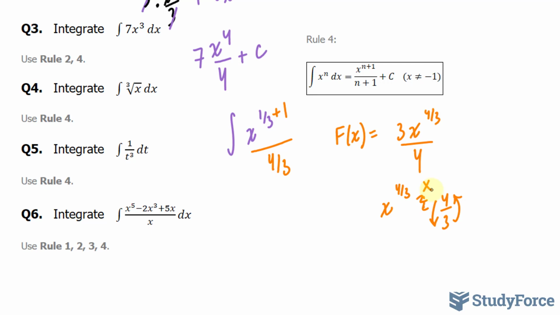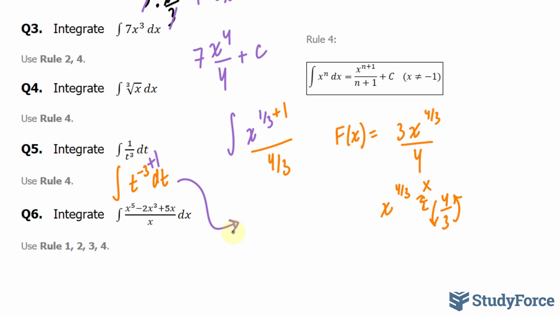In question 5, they want us to integrate 1 over x to the power of 3. Once again, we'll use rule 4, and instead of having t to the power of 3 at the bottom, I can write down this function as the integral of t to the power of negative 3 dt. Rule 4 tells me that I can add 1 to this negative 3, which becomes negative 2, and divide the whole function by negative 2.